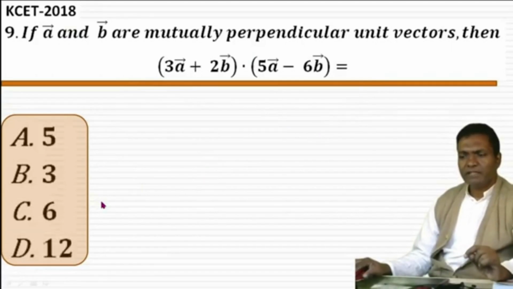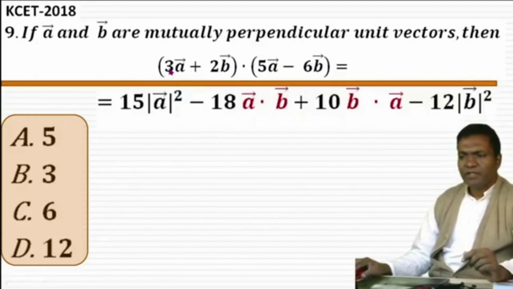Yes, options are here. So multiply this. How will you multiply? 3 into 5, 15 magnitude of A square, because vector A dot vector A is magnitude of vector A square. 3 into minus 6, that's minus 18, and you will get vector A dot B. You can directly write it is 0 because A and B are mutually perpendicular, so their dot product is 0.